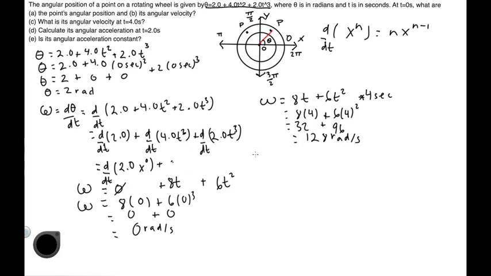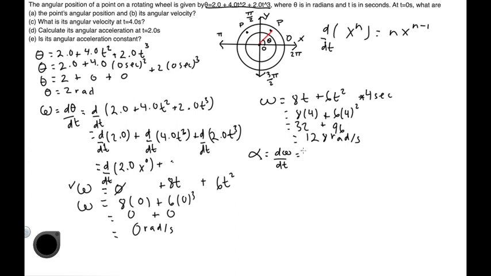So our angular acceleration is going to be equal to the derivative of omega with respect to time, right? And so we just take the derivative of our angular velocity equation, which would be right here.